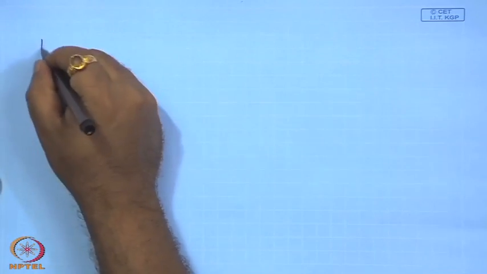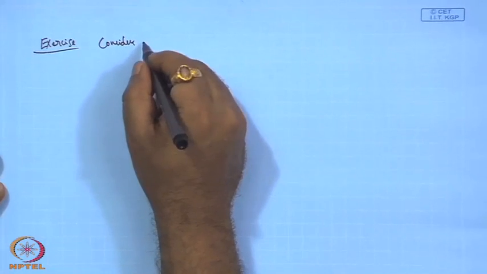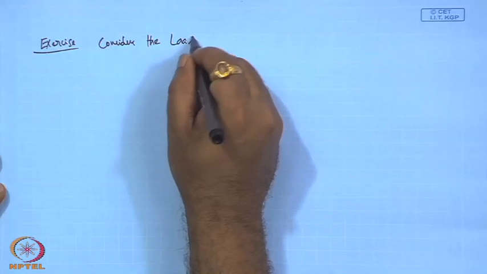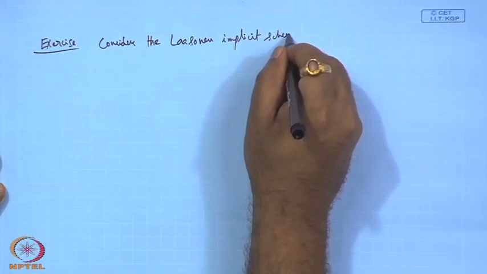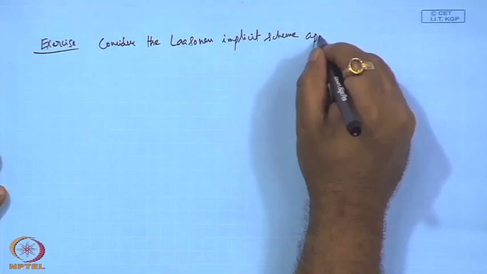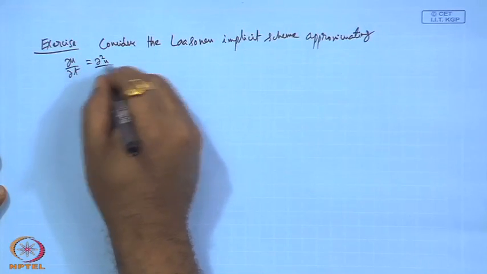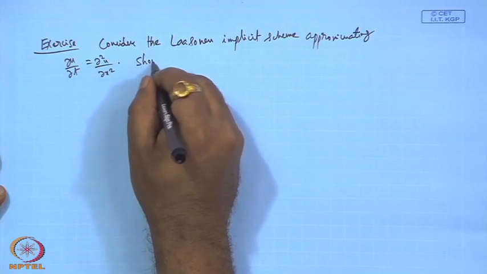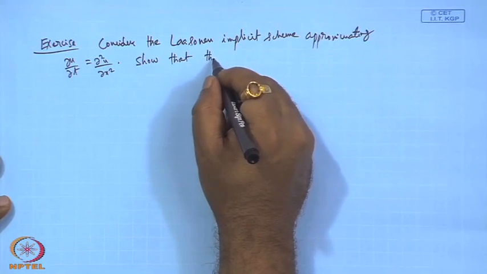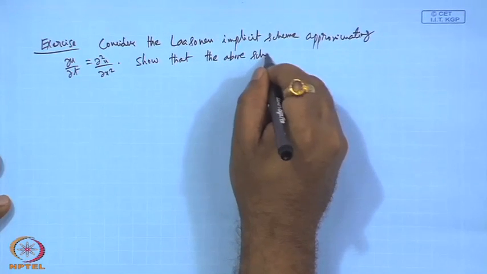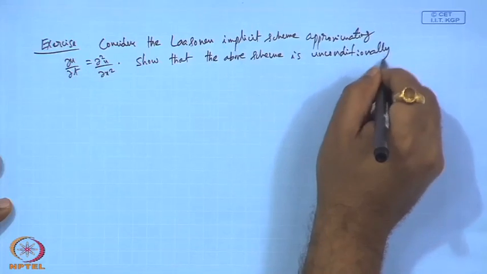So, now exercise. So, consider the Laasonen implicit scheme approximating, show that the above scheme, the Laasonen scheme, is unconditionally stable.